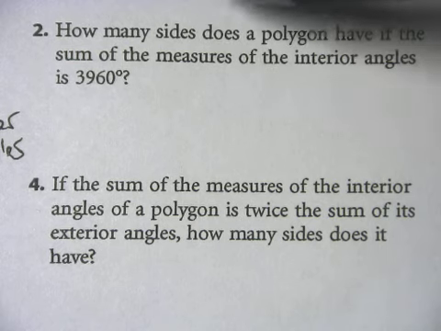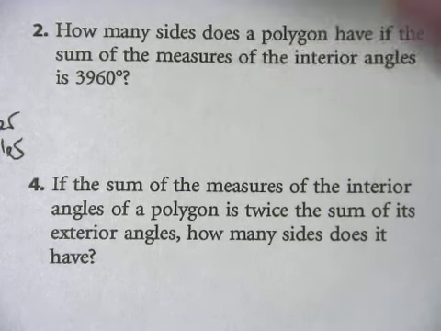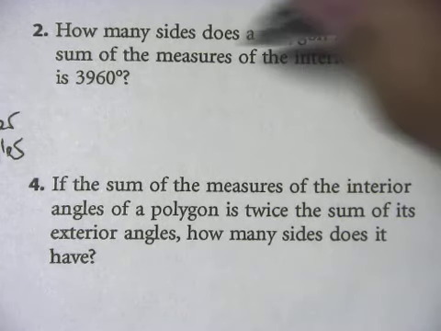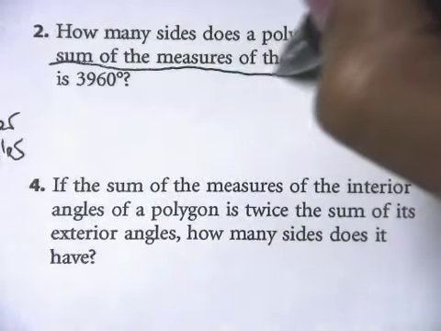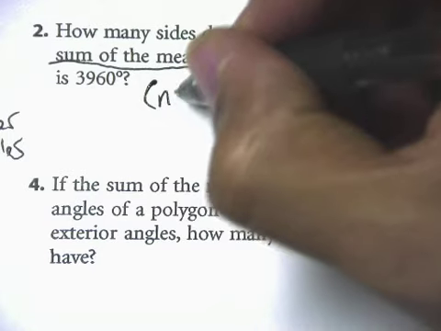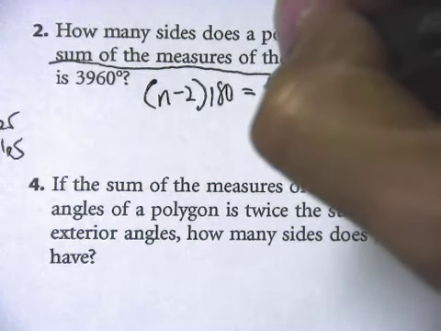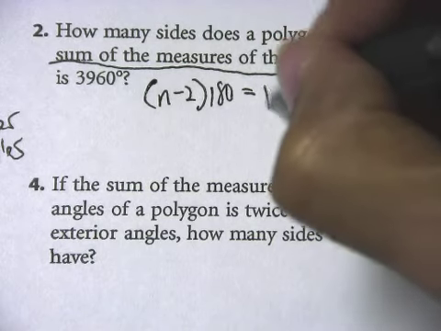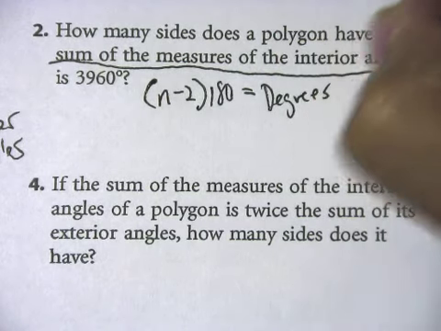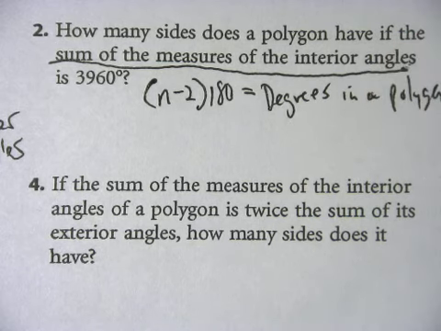Question number 2. How many sides does a polygon have if the sum of the measures of the interior angles is 3,960? Well, now they're giving you the sum of the measures of the interior angles, and we know how to find it. The formula is n minus 2 times 180 equals the number of degrees in a polygon.